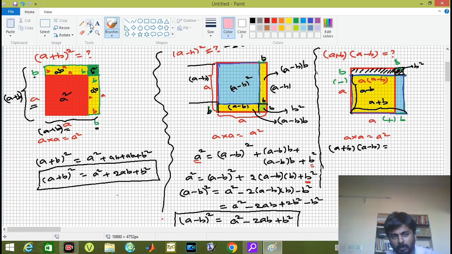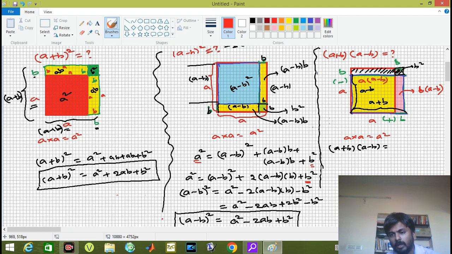That will give you length B, breadth A minus B. See here, length is B and breadth is A minus B. So B into A minus B.